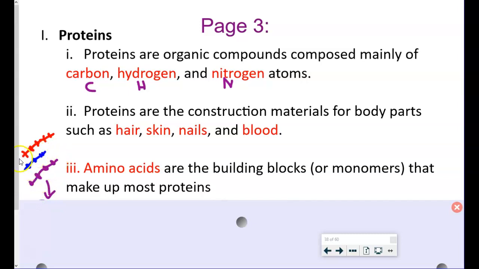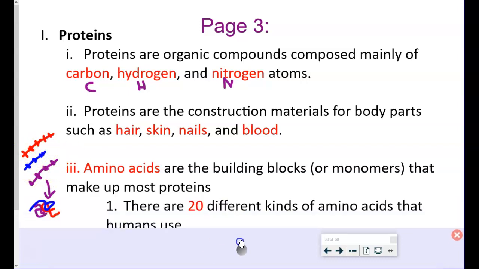I also have a blue strand and a red strand here. And what these actually do is these different strands will twist up and then twist together to build things. So this structure, all the different ways you can twist things together, can make all of your different body parts and all the jobs they do.